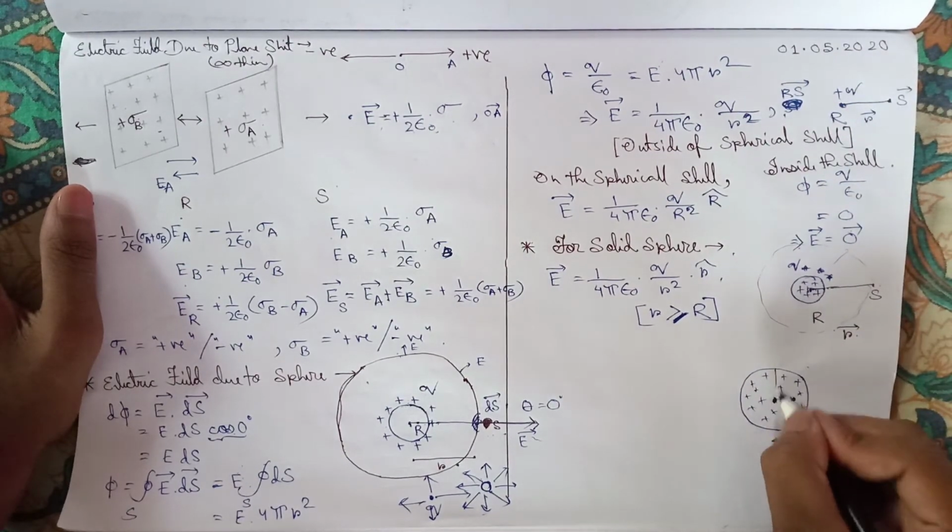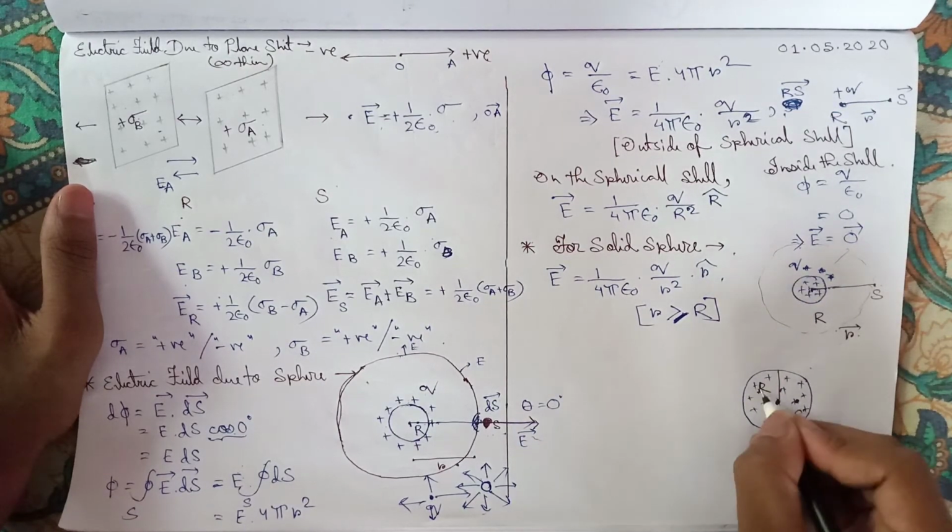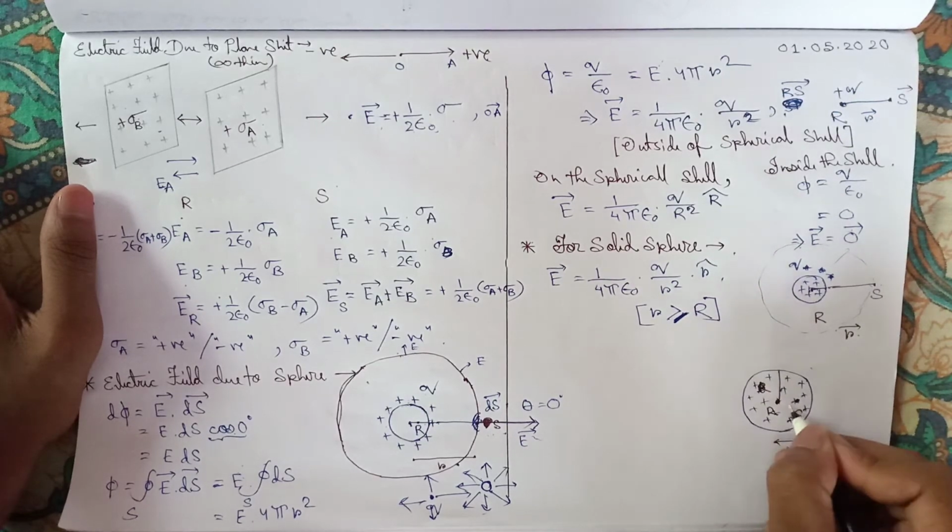The radius of this sphere is R, and the point is at distance r.